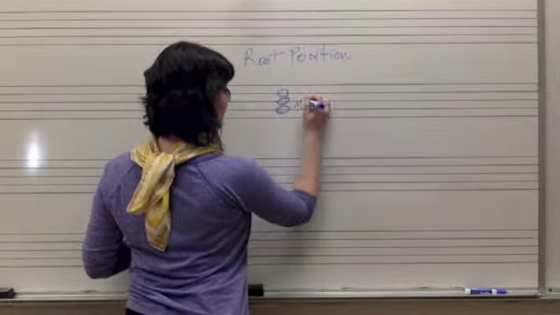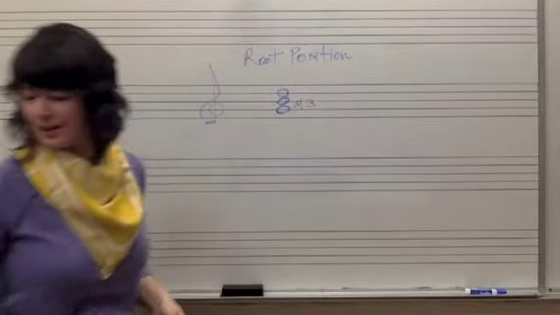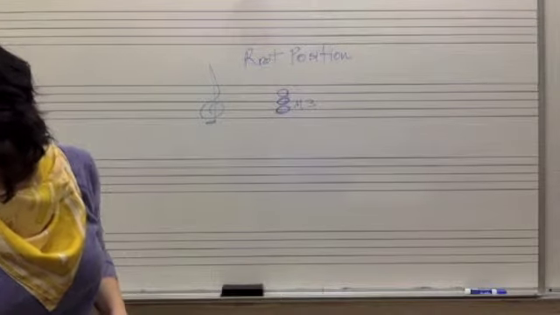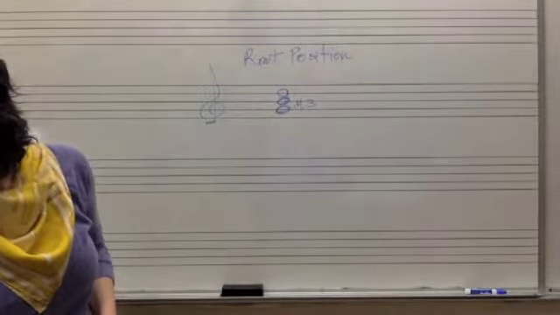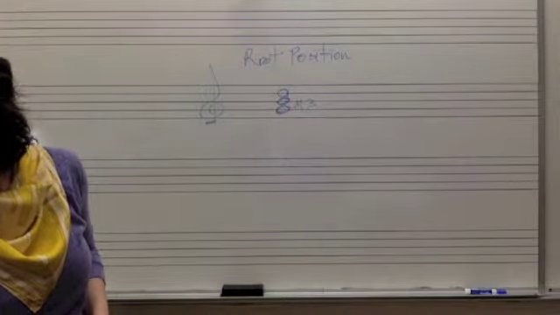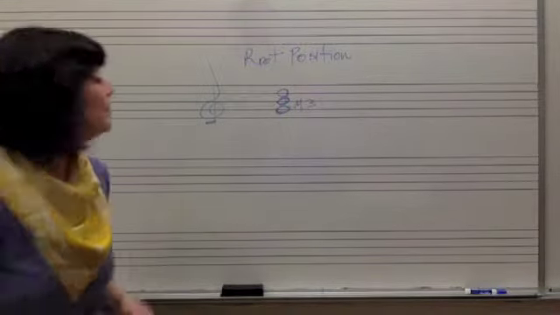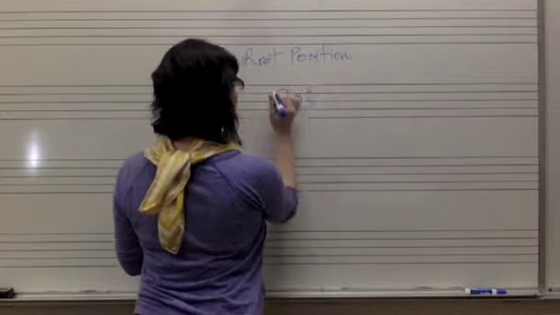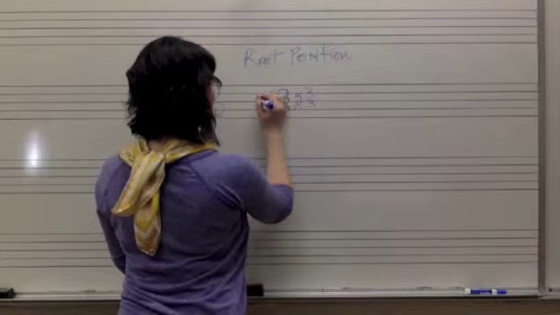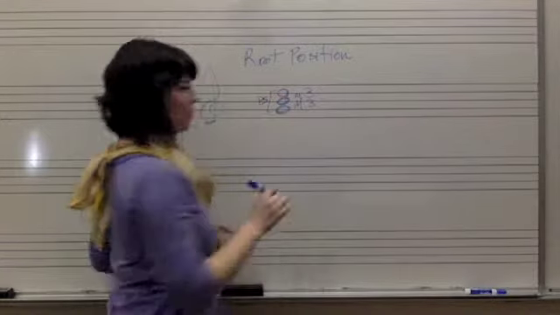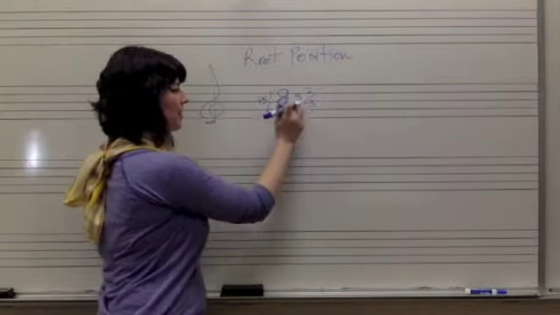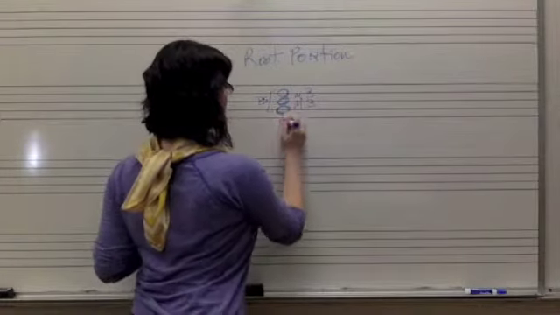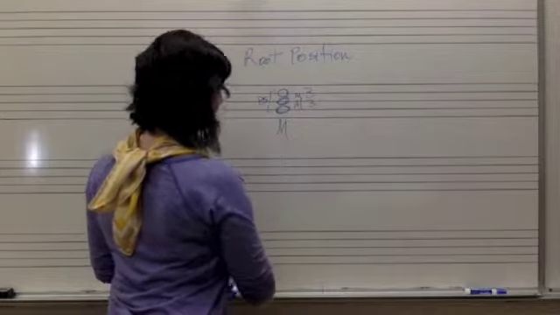And then B to D, a minor third on top. And then on the outside, this adds up to a perfect fifth. So, since we've got a major third on the bottom, this indicates that it's a major chord. So we just put a little capital M down there.